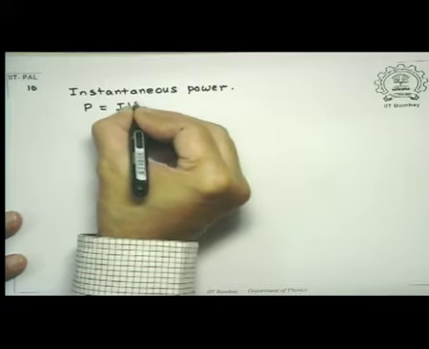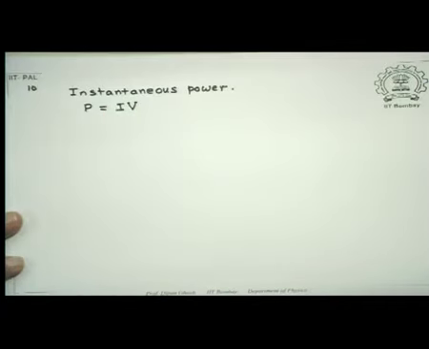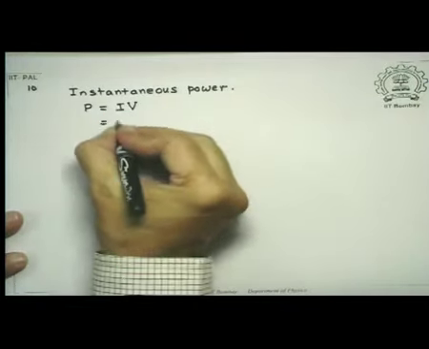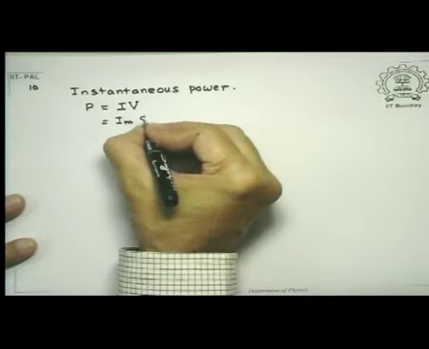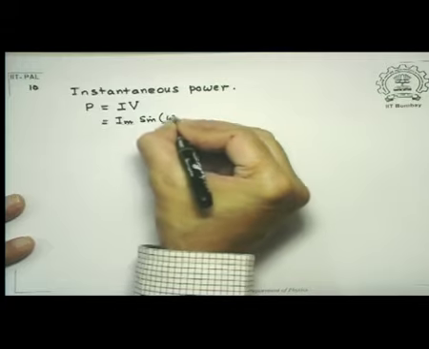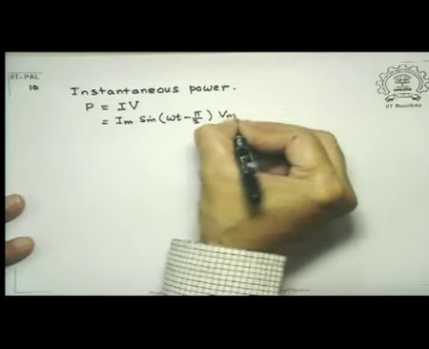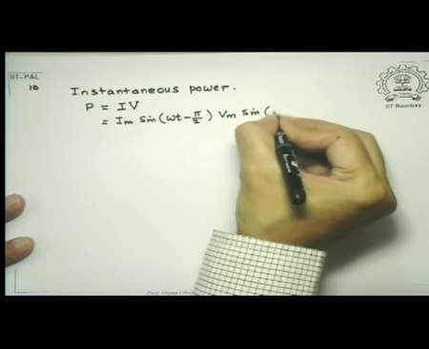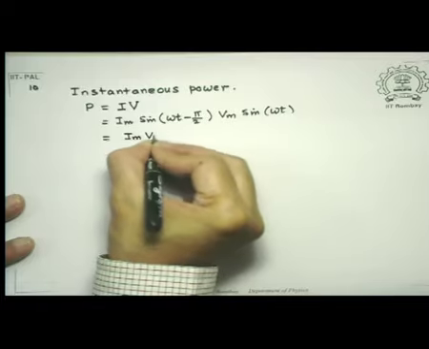This is instantaneous power, so instantaneous current multiplied by instantaneous voltage. And this is equal to Im sine omega t minus pi by 2, and V is equal to Vm sine omega t. So it's equal to Im Vm.